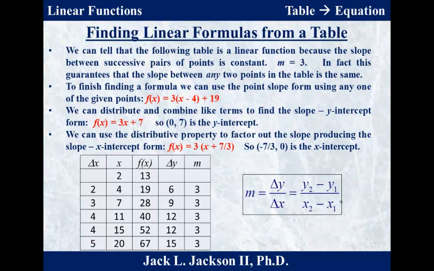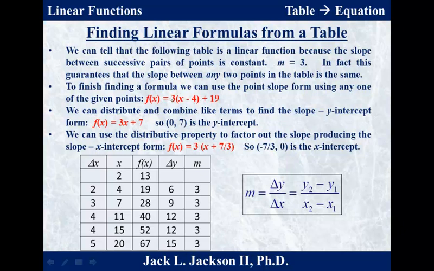So let's take a table and finish finding our formula. If you look, we've already found the slope, but we haven't found a formula yet. We need to know something about it. One thing we can do is just use a point slope formula and put in a point here. So the formula is y, or I'll use f of x here because that's the label that was given. f of x equals m times x minus x1 plus y1.